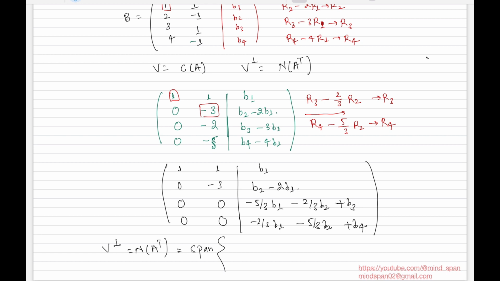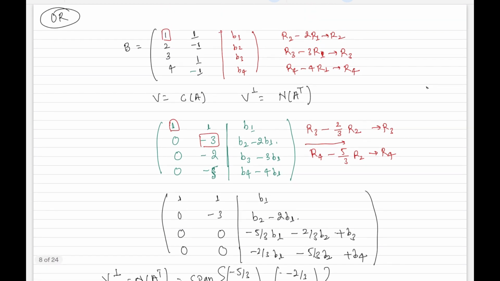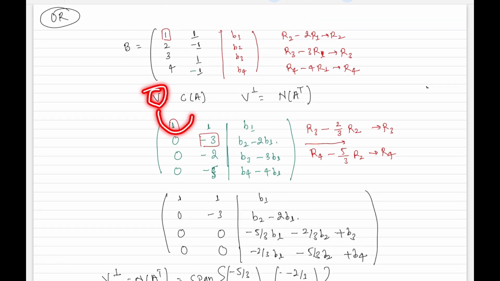So b1 is minus 5 by 3 and b2 is minus 2 by 3 and b3 is 1 and b4 has no component, so it is 0. So this is your first vector, and the second vector is minus 2 by 3, minus 5 by 3, b3 is 0 and b4 is 1, right? So span of these two vectors will give you this left null space, and this left null space is nothing but the orthogonal complement of this particular vector space V that we have considered as a column space, right?